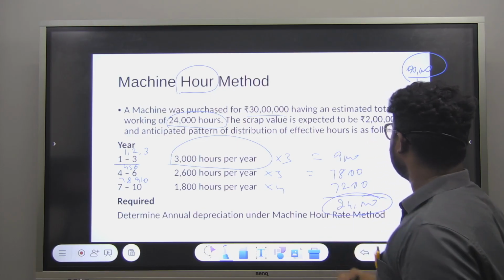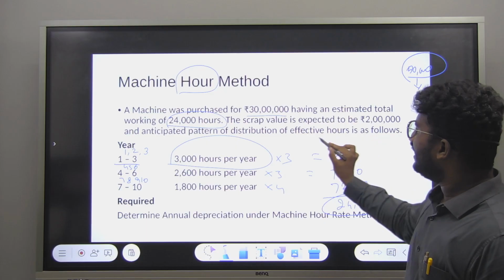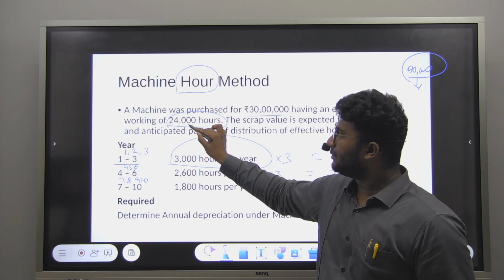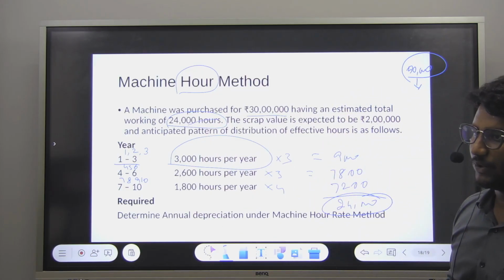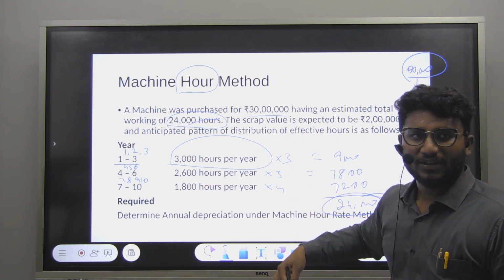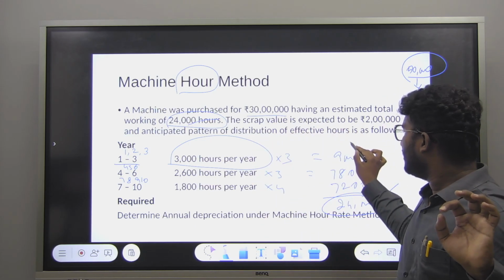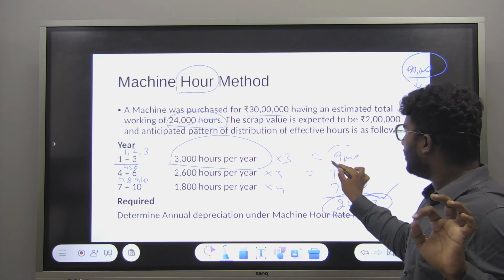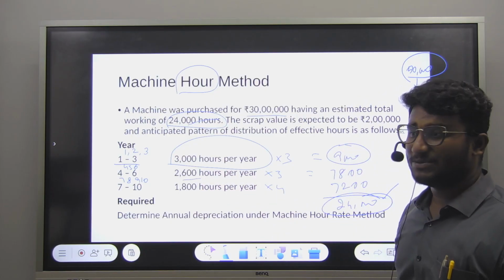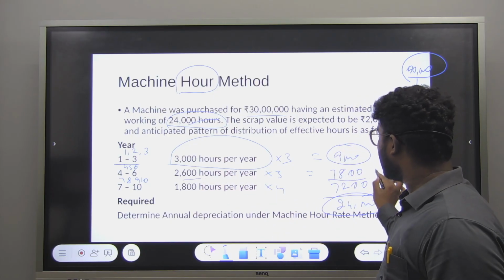You can see here the total working hours of that particular machine is 24,000, as given in the question, and this 24,000 is distributed in this way. First 3 years you can use 3,000 hours per year, total 9,000. Next 3 years 2,600 hours per year, 7,800.